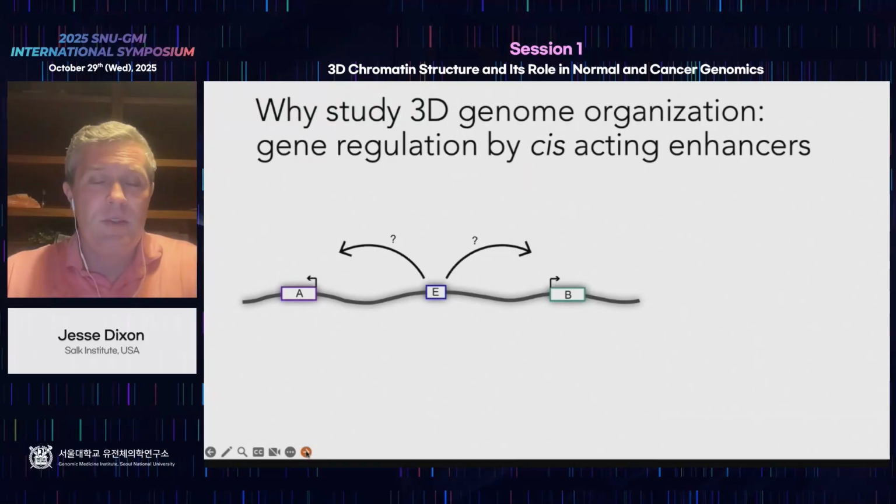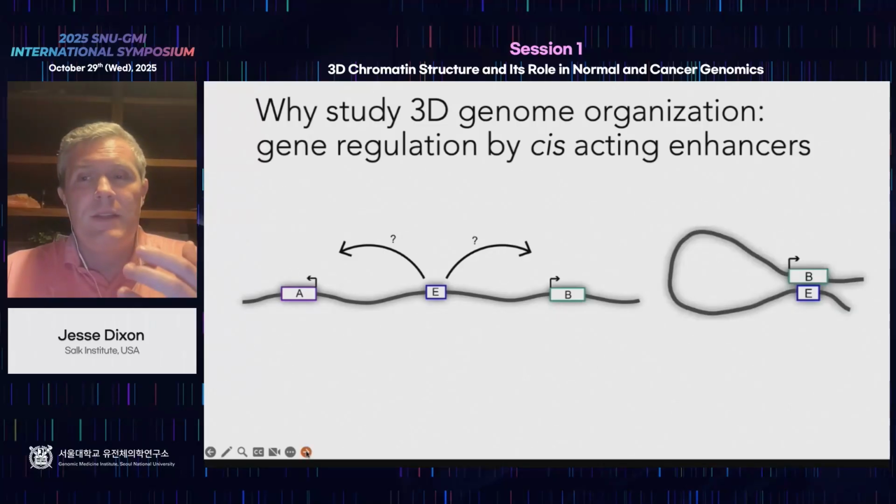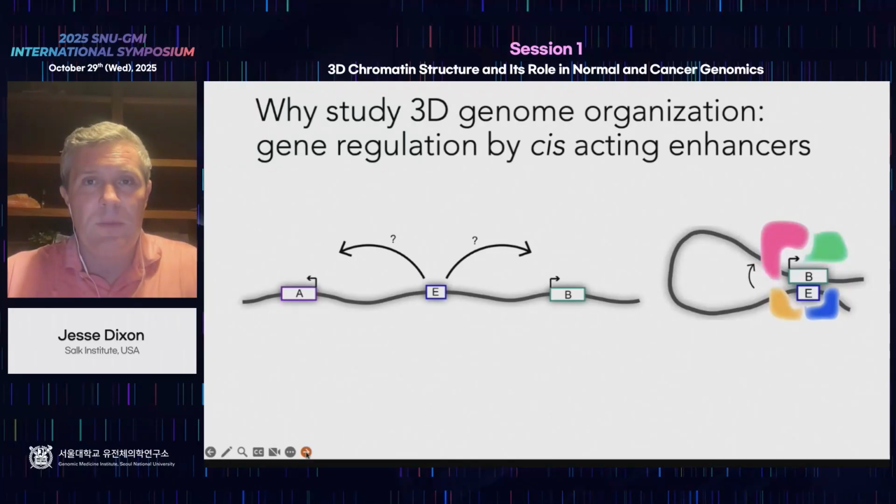From the one-dimensional sequence alone, it may not be obvious what the target of this regulatory element is. One of the major reasons we're interested in how our chromosomes fold up in space is that the dominant model for how enhancers work is that they're brought in close spatial proximity to the genes that they regulate. This allows proteins that bind at the enhancer to interact with proteins that bind at the promoter, and this can facilitate transcription.